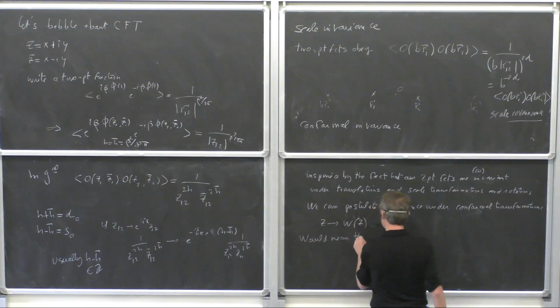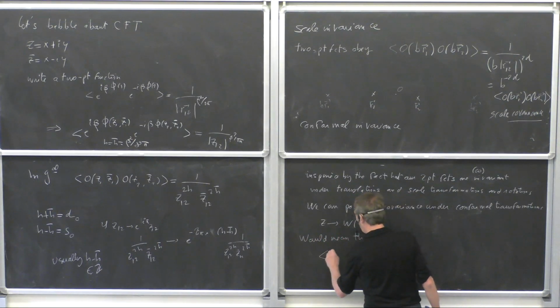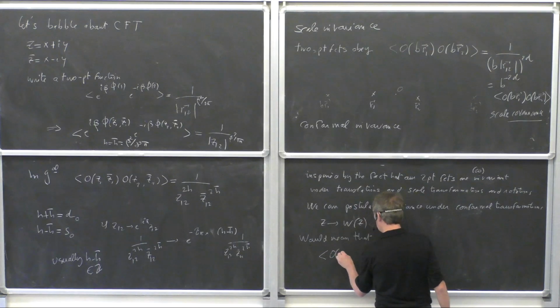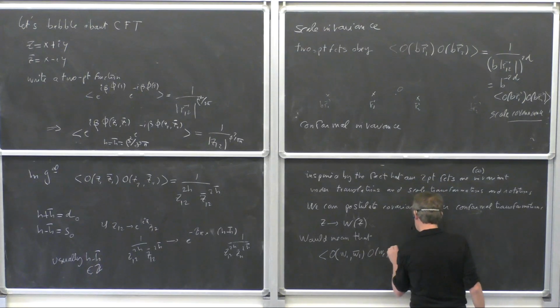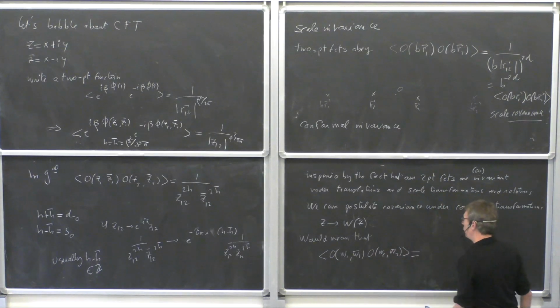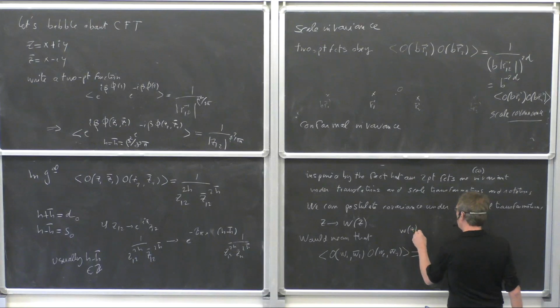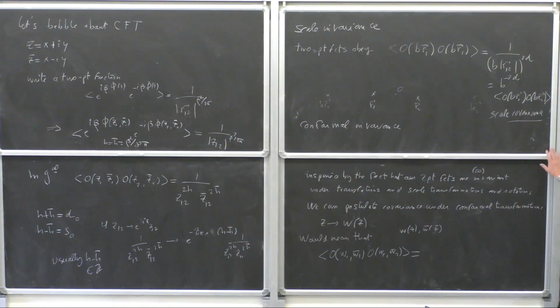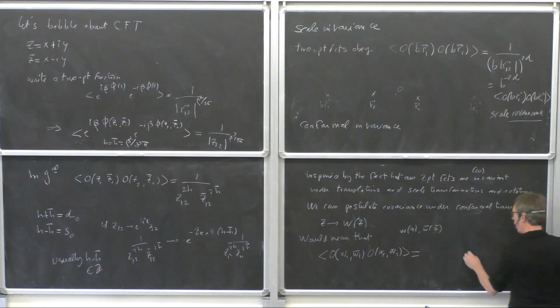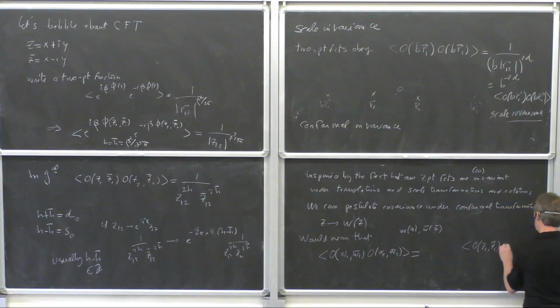that a 2-point function of operators inserted at 2 points, for a transformation W of Z, W bar of Z bar, should be related by some way like this one up there to the correlation function at the points Z1, Z bar 1, Z2, Z bar 2.